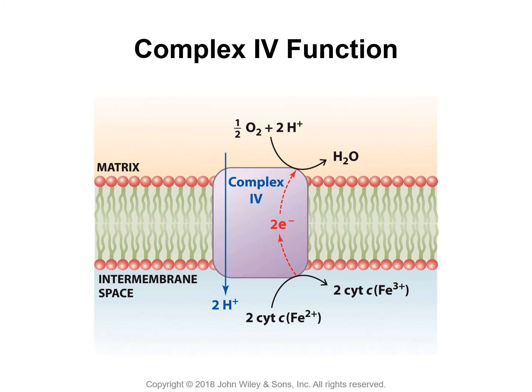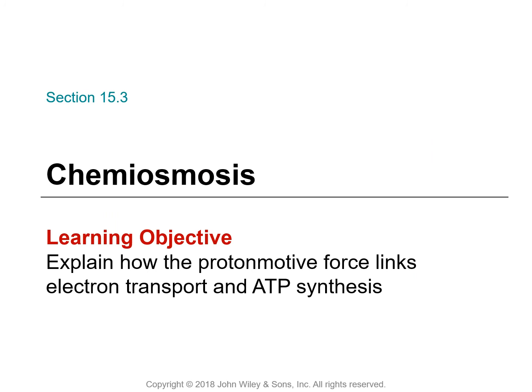And then what we're going to talk about next is chemiosmosis. With chemiosmosis, the electrons from metabolic fuels during their oxidation are now fully disposed in the reduction of O2 to H2O.